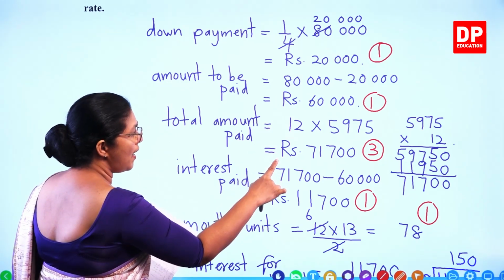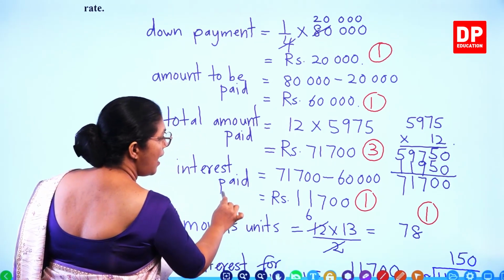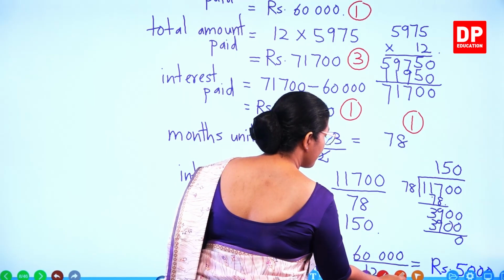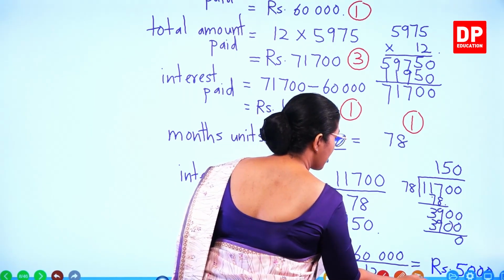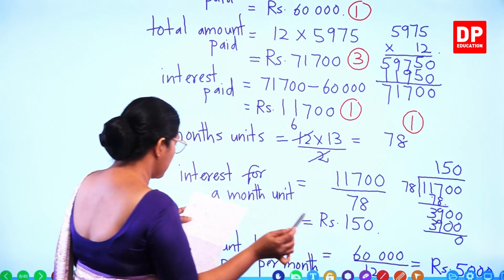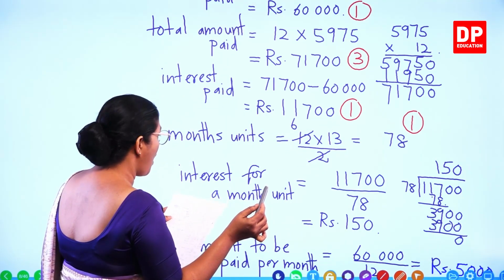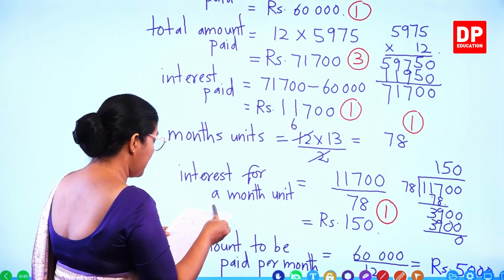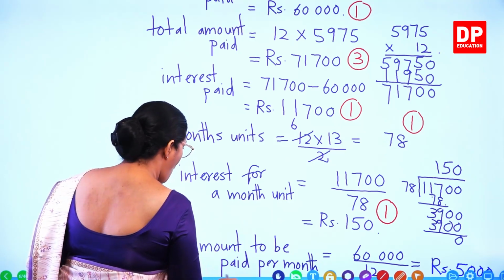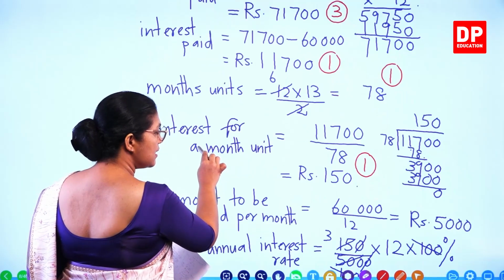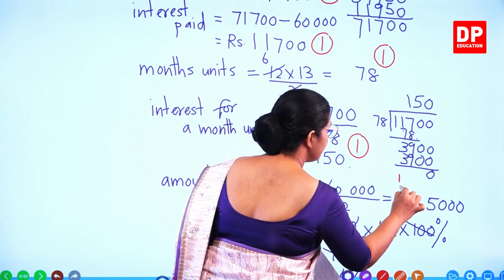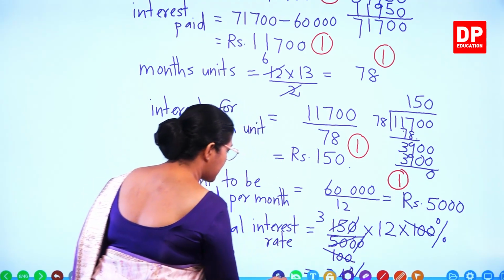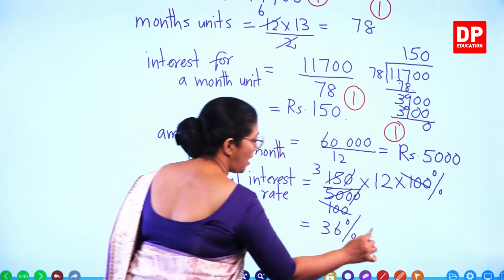Then you get 150, 1 mark, another 1 mark for 5,000, and for the final answer 36%, 1 mark.